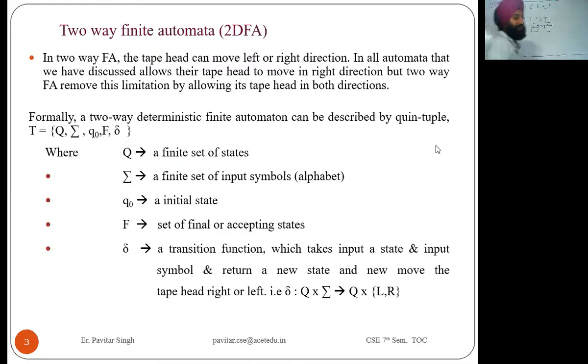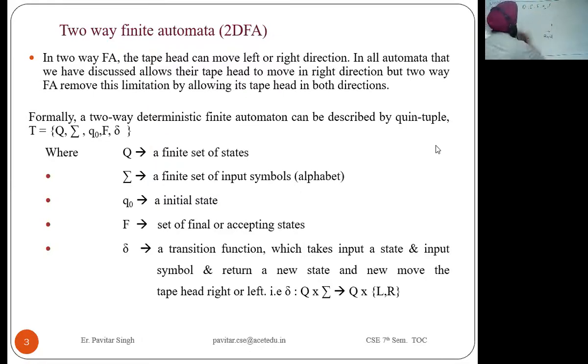But what is the difference between DFA and 2DFA? In 2DFA, your reading head will move towards left as well as towards right, which means that it will move in both directions. This is your 2DFA.